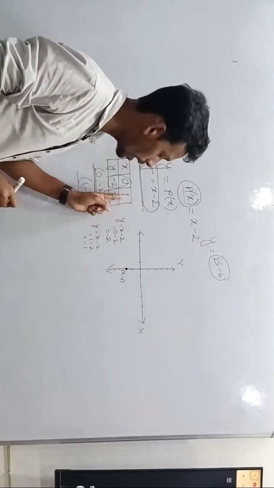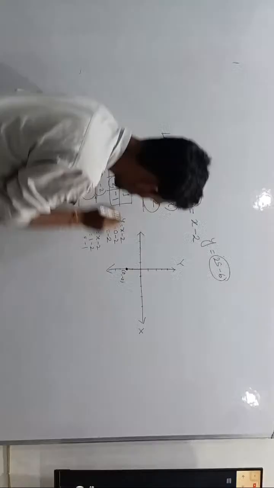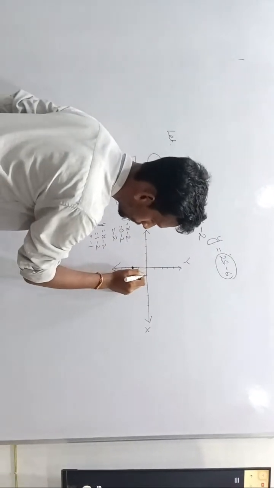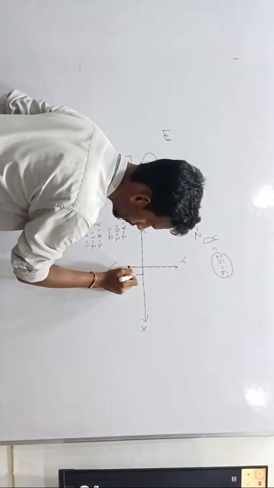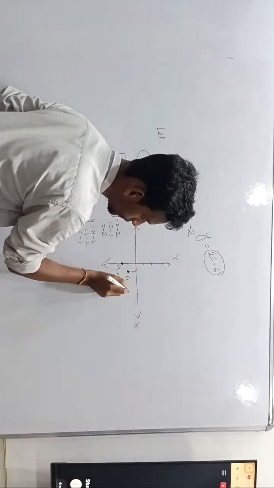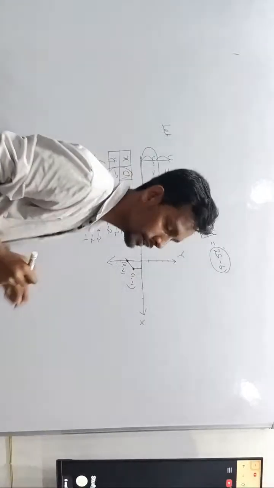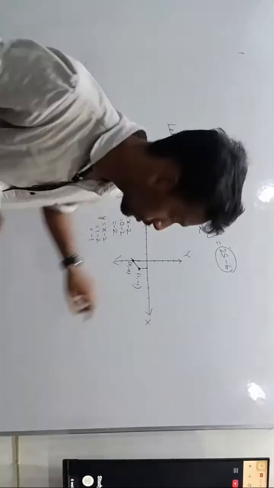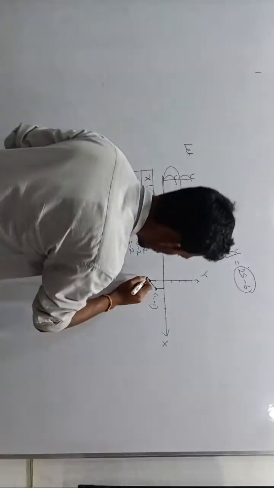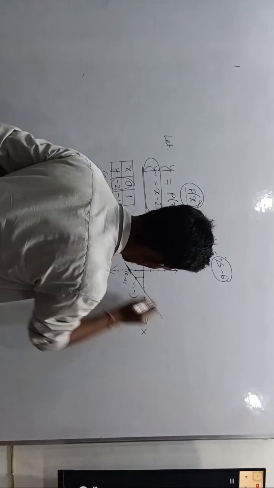And another one is (1, minus 1). For (1, minus 1), first you go to the right side, that is plus 1, then minus 1 in the downward direction. This is (1, minus 1). Now, if you join these 2 points, then you will find a straight line. Okay? Expand this line.